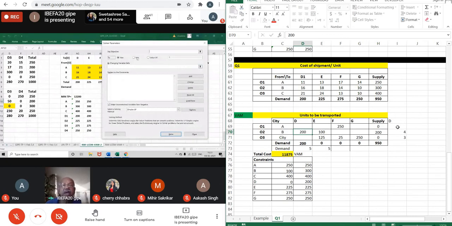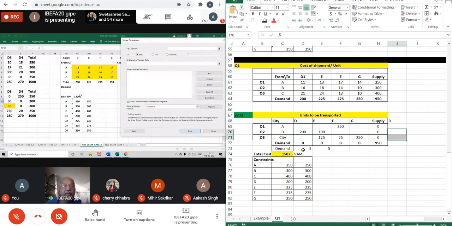Cell references will change, which may cause you problems in examination.